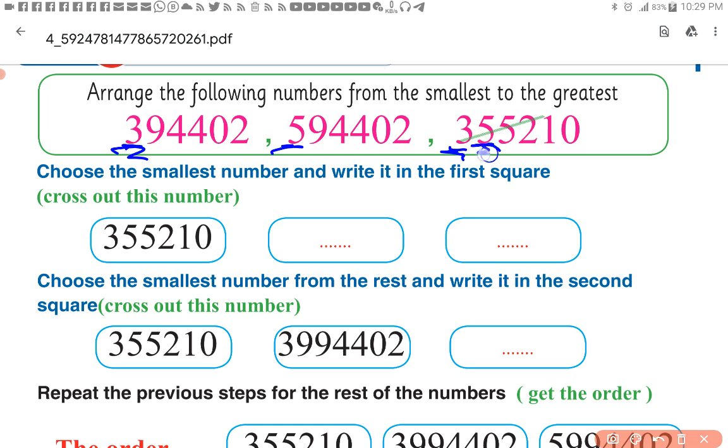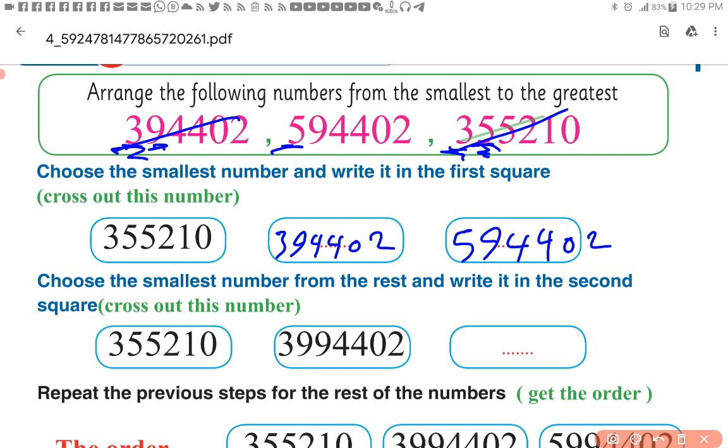Here 5, and here 4, 9. So write this number first. Then write this number, 394402, and at last write the third number. That's okay? Then move to the next one.